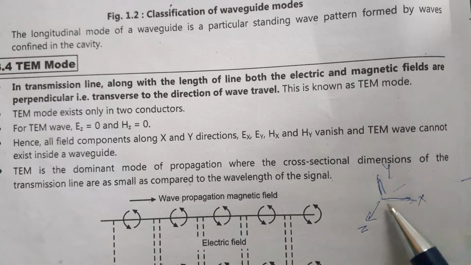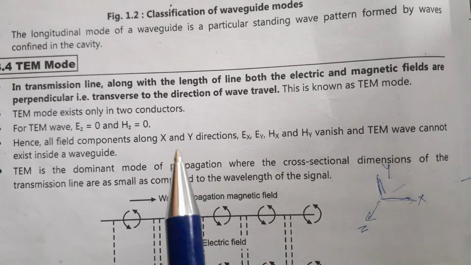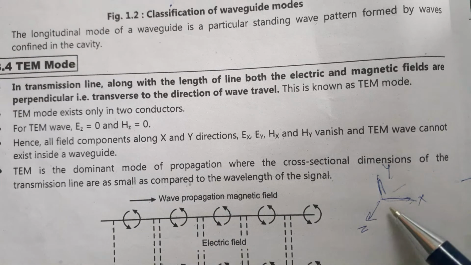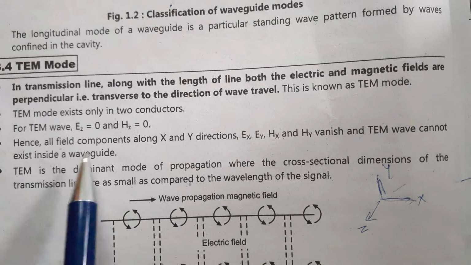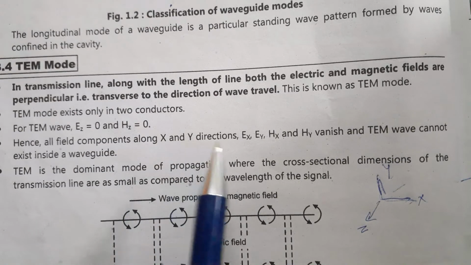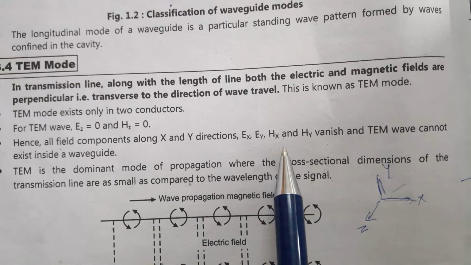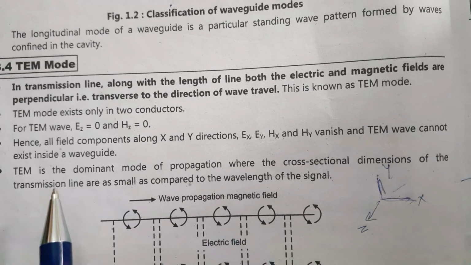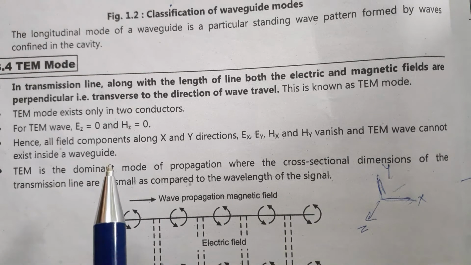So it will be like this, as already drawn. Similarly, Hz equal to 0 means the magnetic wave will not travel on the z axis. Okay. So all field components along the xy direction, that is Ex, Ey, Hx, Hy, vanish, and the TEM wave cannot exist inside waveguides. So that waveguide is not possible.